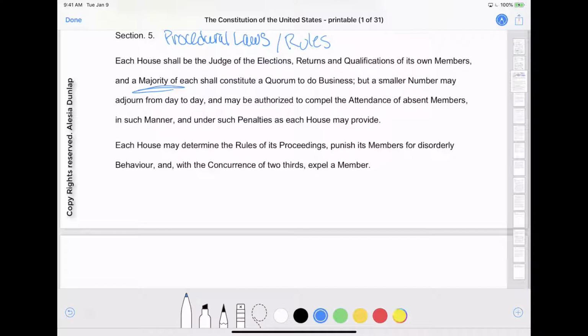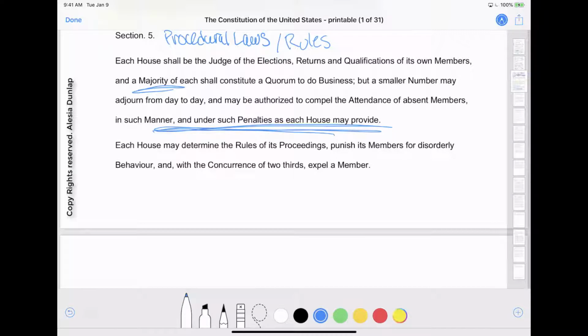However, there may be instances where they can penalize a member that doesn't attend. So, although you can get away with not being present, if this particular group does not like the senator, then they might impose some penalties.